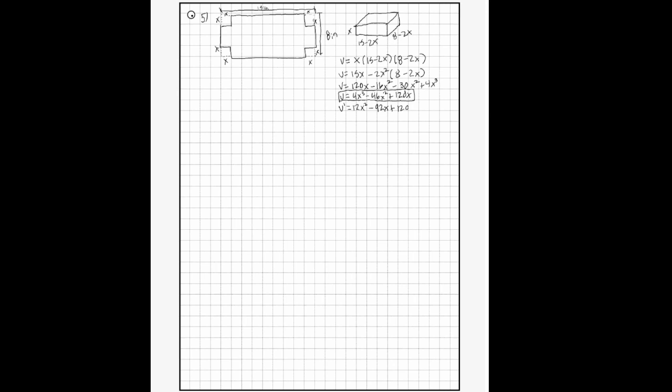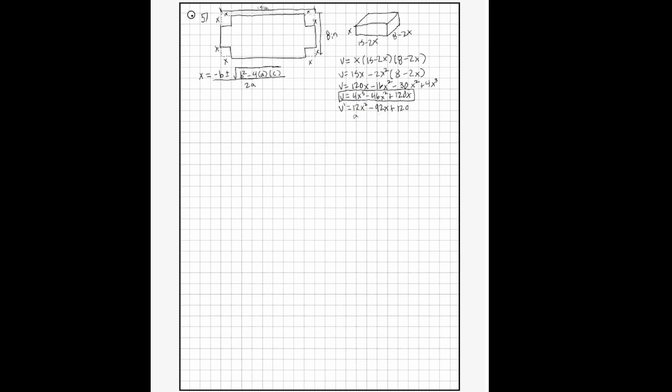Now, because it's impossible to factor this equation, I have to use the quadratic formula. The quadratic formula is, by definition, x equals negative b plus or minus the square root of b squared minus 4 times a times c, all over 2a. Right? And so I plug in these numbers.